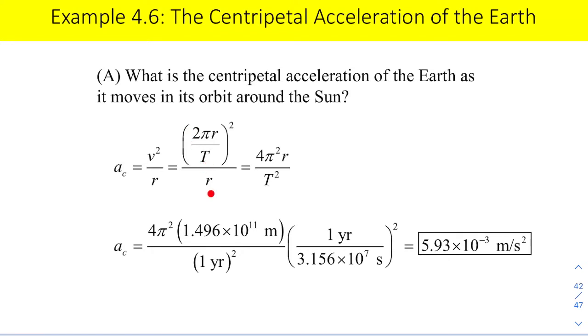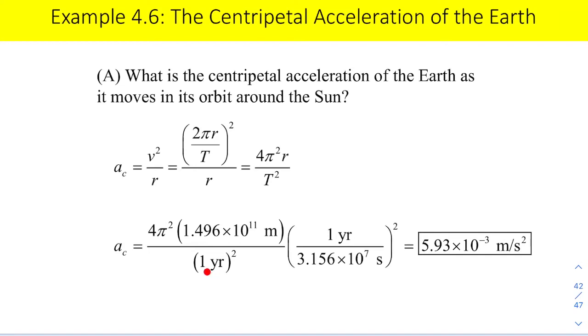Over the r, so squaring everything here, you have 4 pi squared r over t squared, and then you substitute the distance, or radius, from the Earth to the Sun. This must be taken from your textbook. You have to figure it out from a table or appendix, please refer.